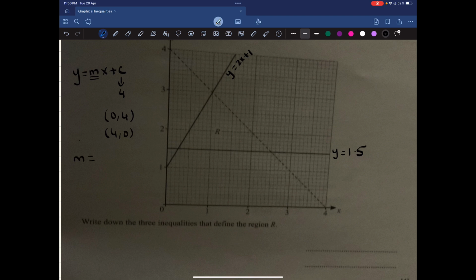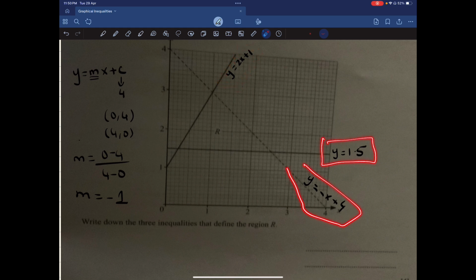The gradient is going to be 0 minus 4 over 4 minus 0. So it's going to be minus 4 over 4, which is minus 1. Okay. So the equation is going to be y is equals to, m is negative 1, so negative x plus 4. So now we've evaluated the equations of all 3 lines. So each line is now labeled with an equation.